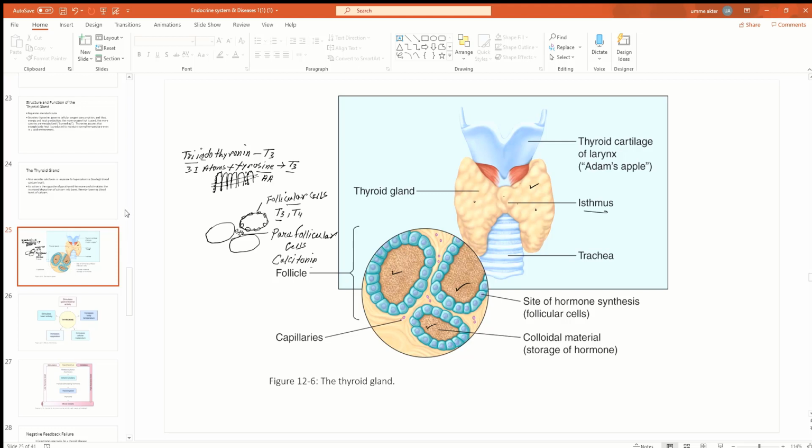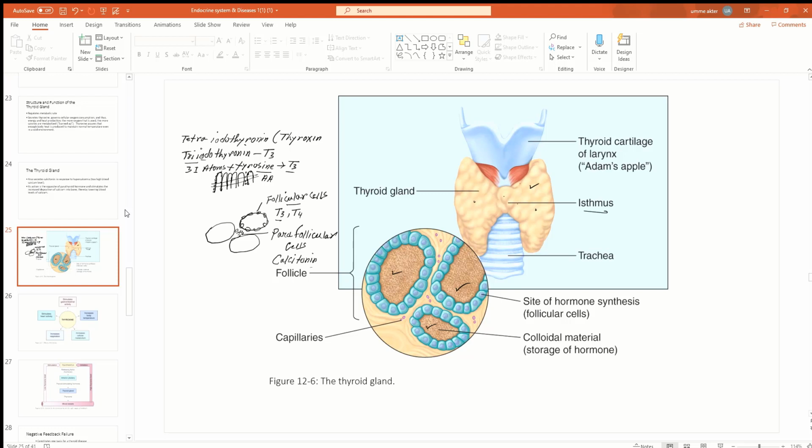and T4 is called tetraiodothyronine. Tetra means four, you know that. Or more commonly used name is thyroxine.